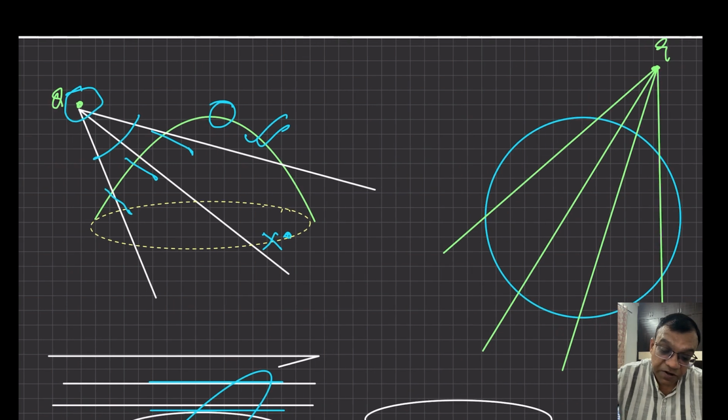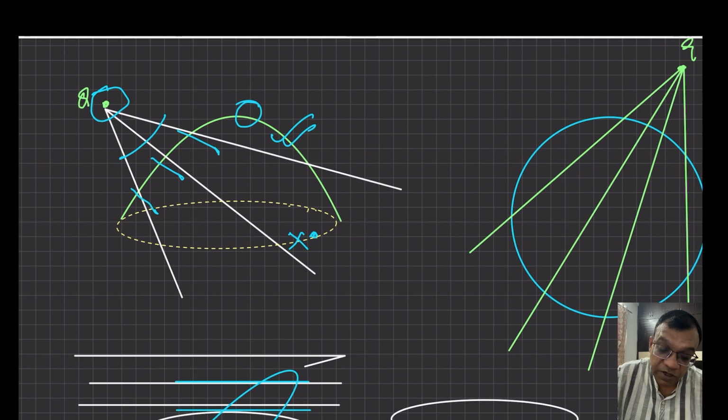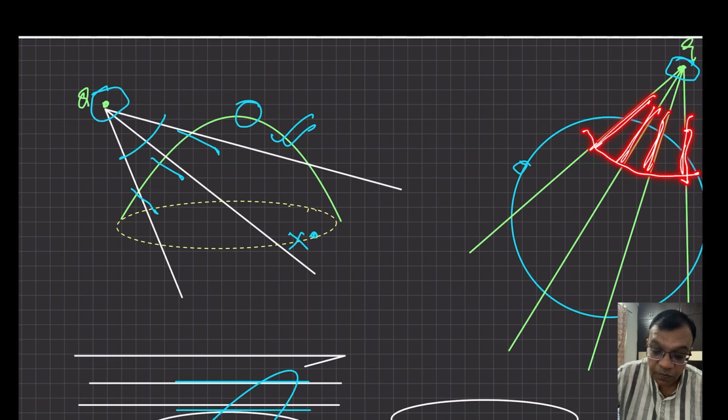Now right side, if you see, there we have taken the closed spherical surface. Due to this point charge, field lines enter here. I am showing here, you see, these red lines, field lines are entering. How many field lines enter? 4, and 4 left.